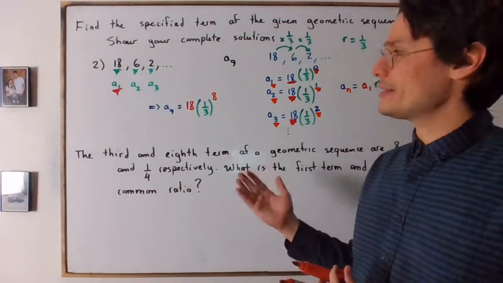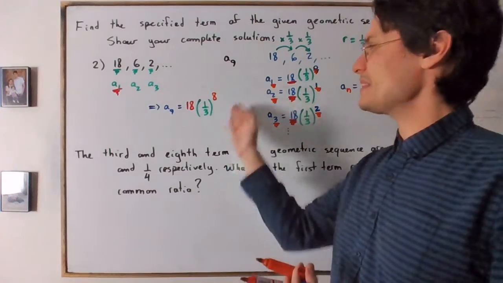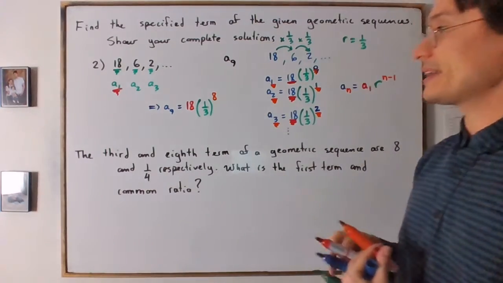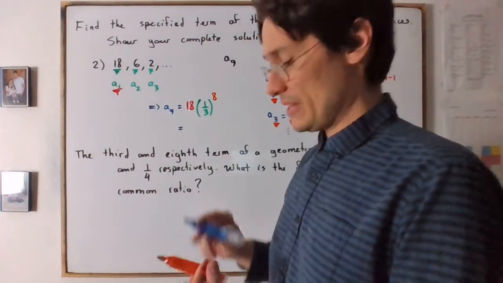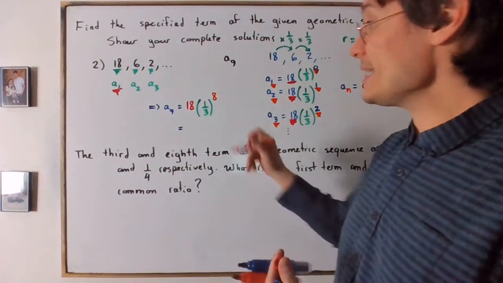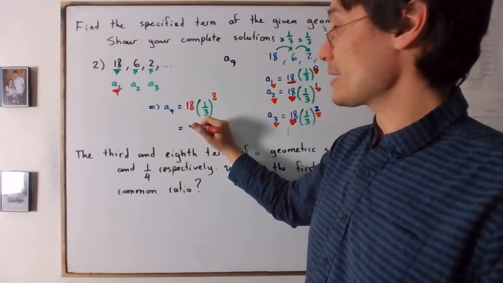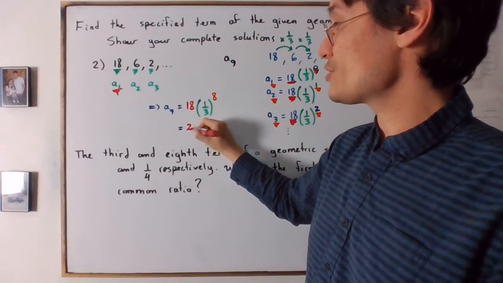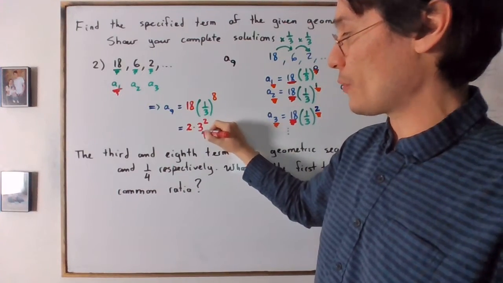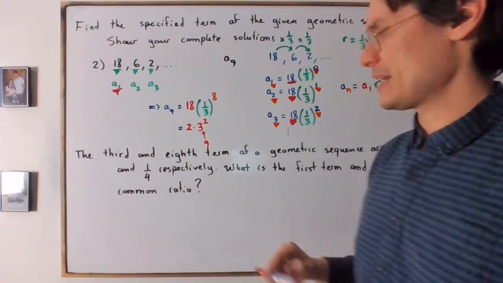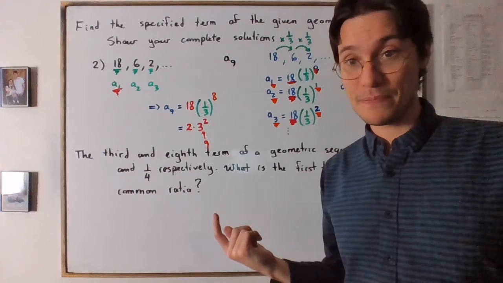Depending on your teacher, he might expect you to simplify this. If you need to, here's what you're going to do. 18 is 2 times 9, but more precisely, it's 2 times 3 to the power of 2, because 3 to the power of 2 is 9. That's the first thing to consider.